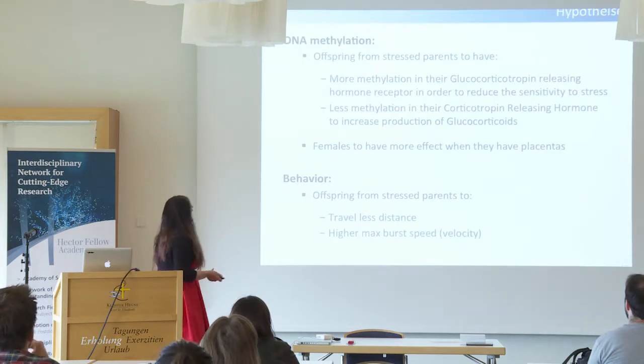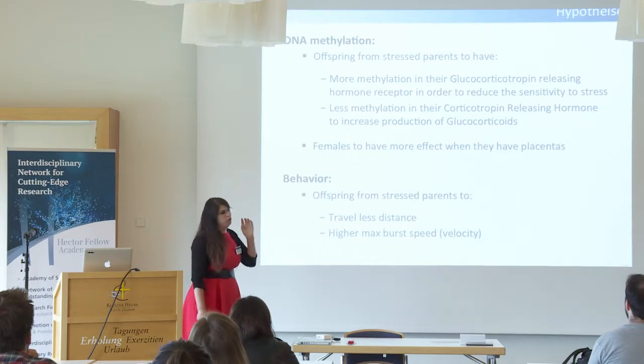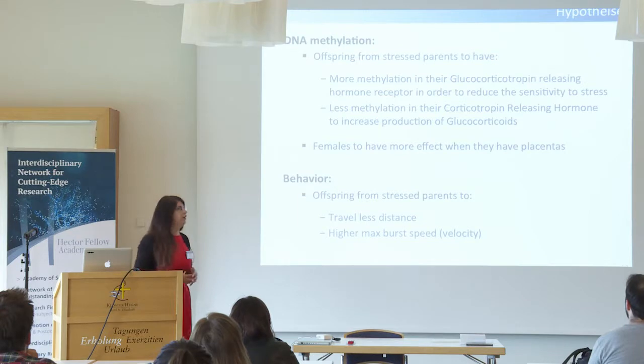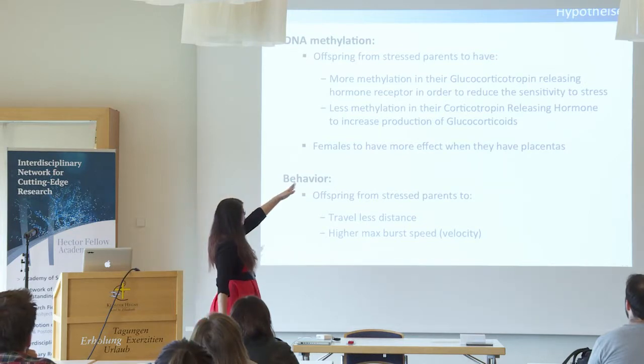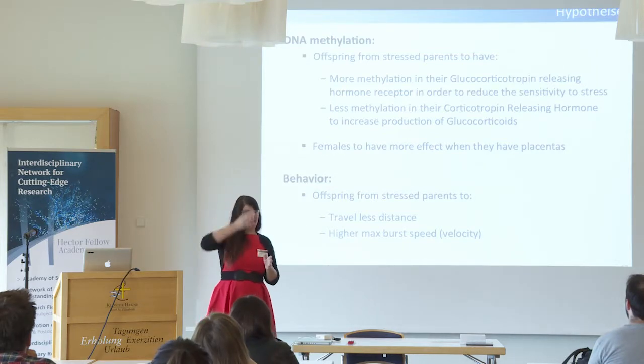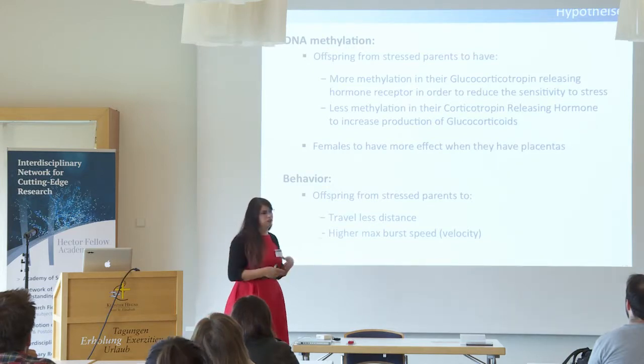Okay, so here's what we predict. If we have methylation and we have offspring from stressed parents, we're expecting them to have more methylation in what we call the glucocorticoid receptor. So this is at the very end of the feedback, and this is what incorporates and gets the signal of your cortisol.